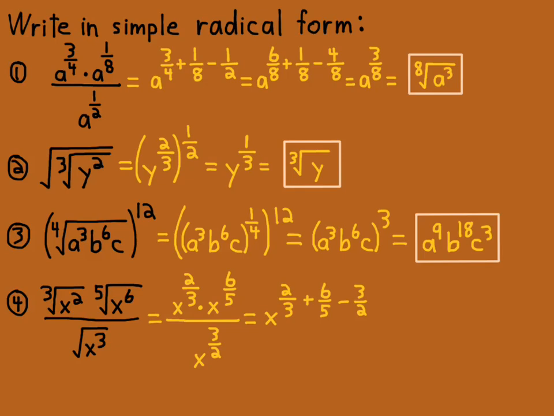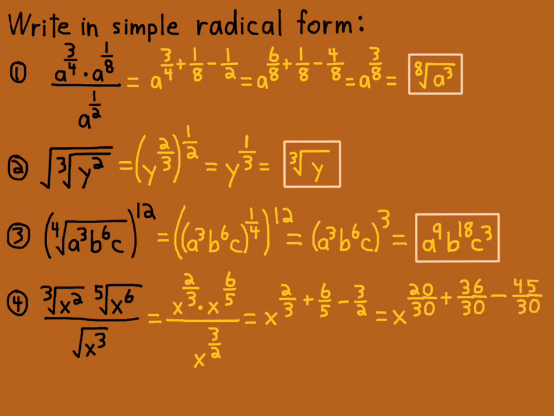Now my common denominator is going to be 5 times 3 times 2 is 30. So I need to multiply the 2/3 by 10 over 10, the 6/5 by 6 over 6, and the 3/2 by 15 over 15 to get 30ths on the bottom.